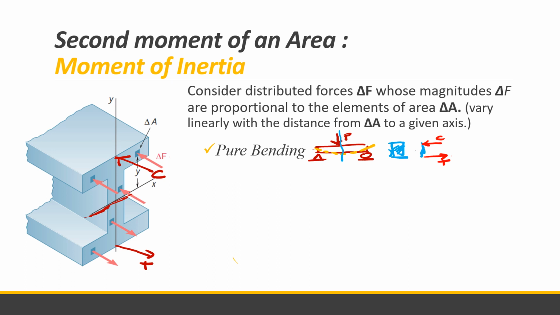That is why, with respect to the neutral axis, it creates a bending moment. Since this is a force over area, it varies linearly with respect to the neutral axis. So the force is largest at the top, which is compressive, and tensile at the bottom. Relative to y, at the neutral axis the force will be 0.